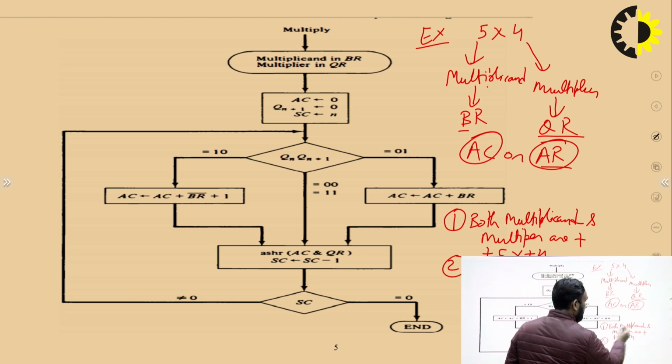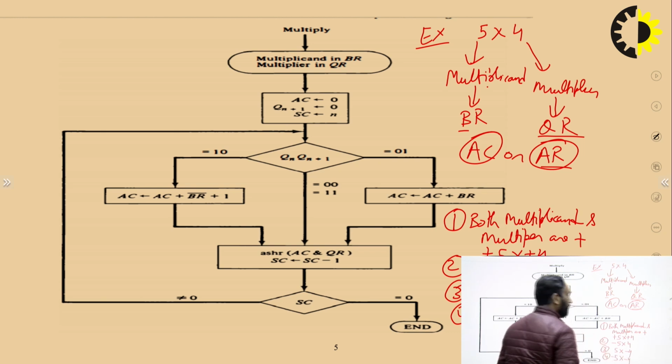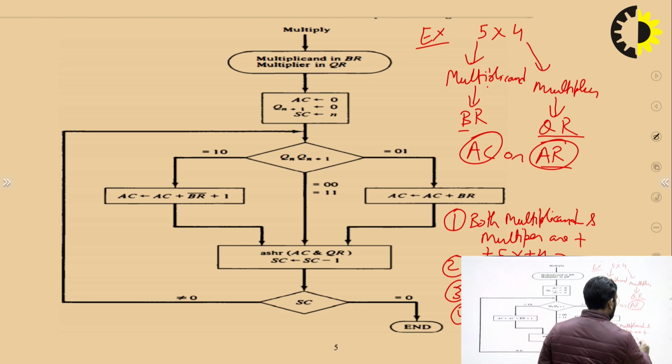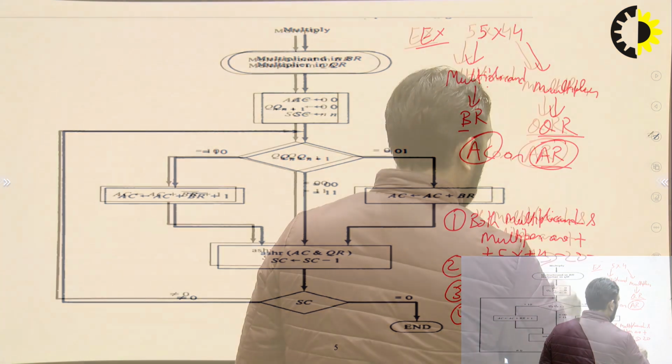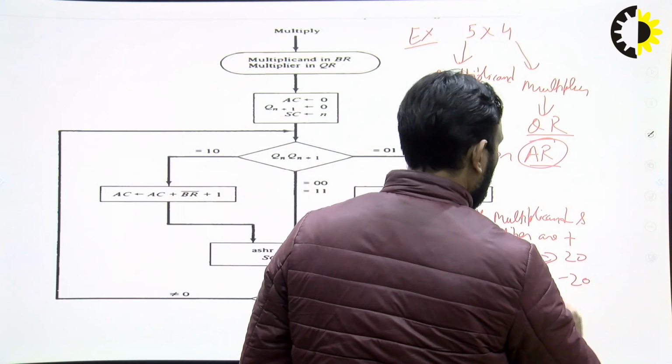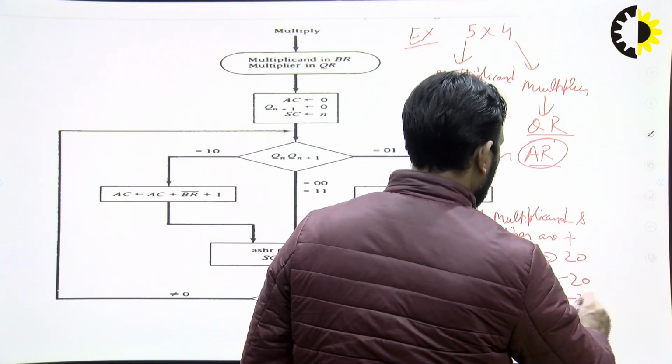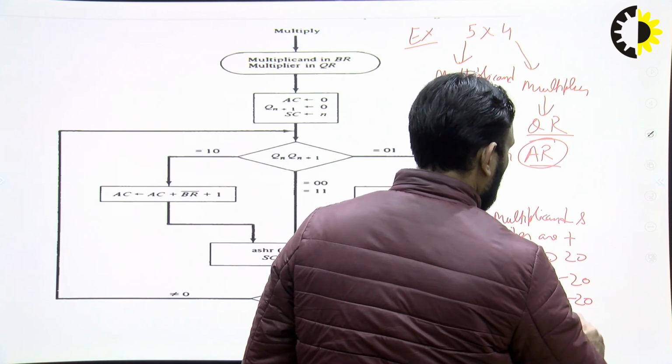Second case: multiplicand is negative and multiplier is positive. Third case: multiplicand is positive but multiplier is negative. Fourth case: both multiplicand and multiplier are negative. So what will be the final product? It is 20, then minus 20, that will also be minus 20, and that is plus 20.